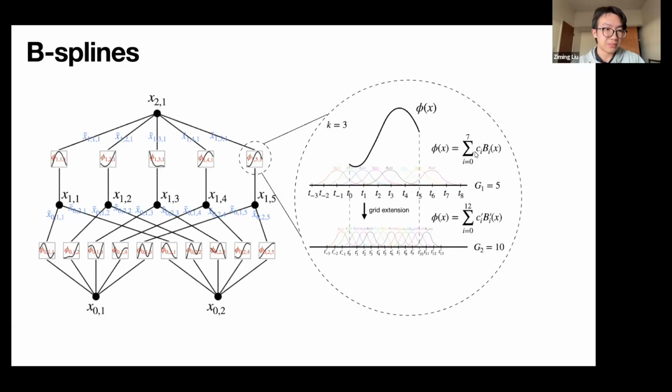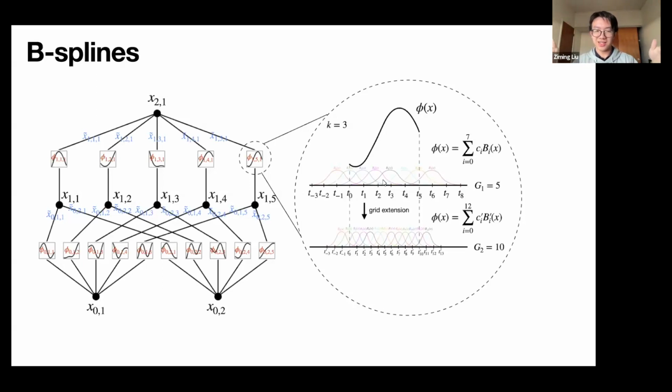Oh yeah, great question. So there are two things. In training by gradient descent, only the coefficients c_i are trainable, and the grid points are fixed. But to update the grid points, for every 20 steps, I would do it in a non-differentiable way.